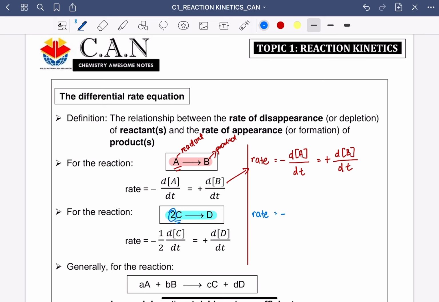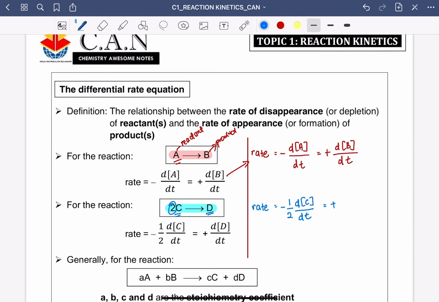So we have the stoichiometry too. We are going to write 1 over 2 d concentration of C over dt, and then equivalent to D. D is a product, no stoichiometry. Stoichiometry is 1. So we just write plus d D over dt.